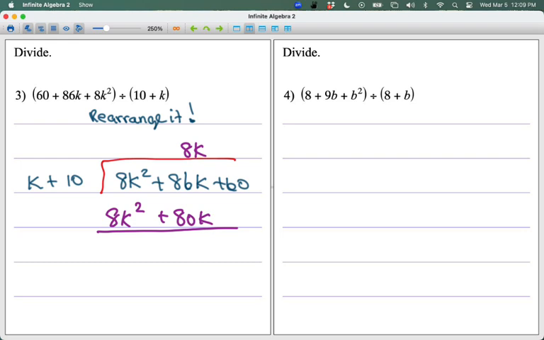We're going to change the sign, so these will cancel. This here becomes positive 6k. Bring down plus 60.